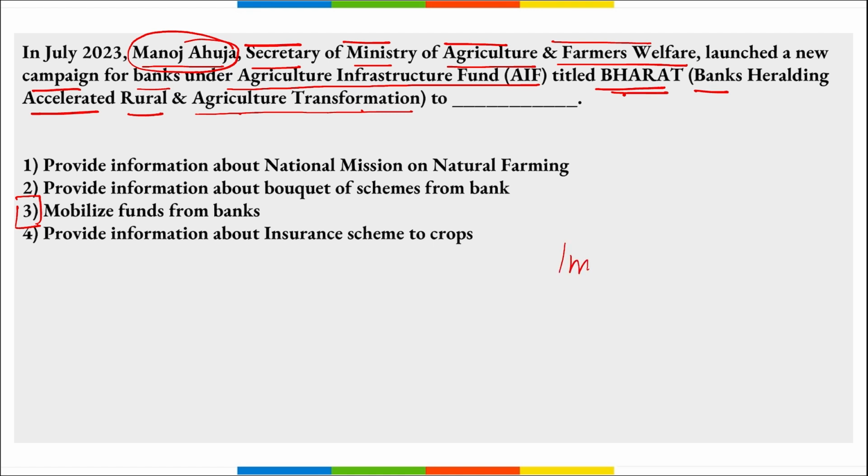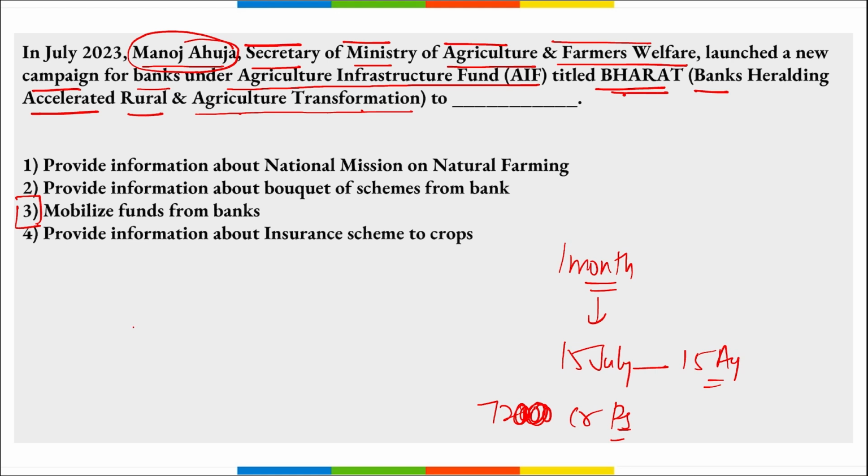This is a 1 month long campaign. This will run from 15th of July till 15th of August. Correct? And it was launched with a target of 7,200 crore rupees. The bank support to the scheme has created almost 31,850 agriculture infrastructure projects with an outlay of 24,750 crore rupees.